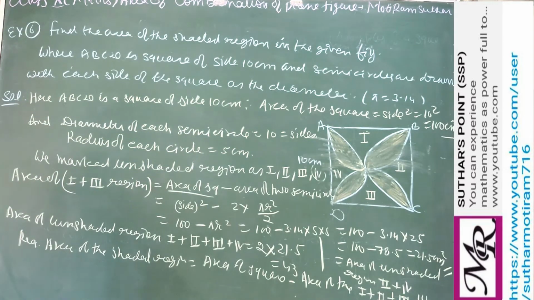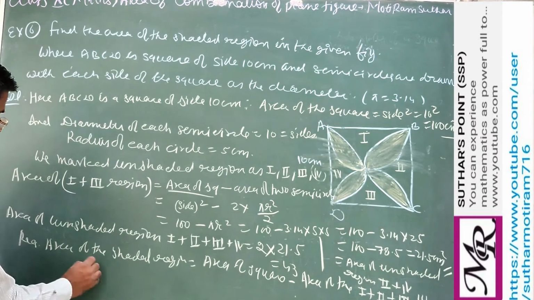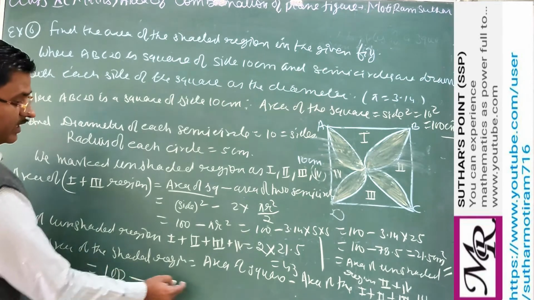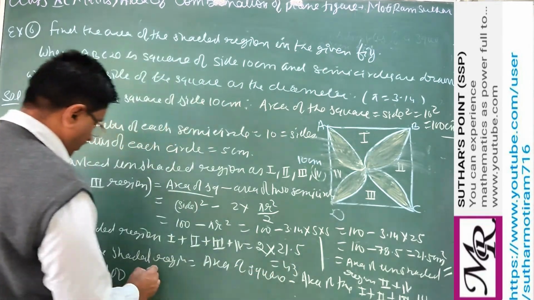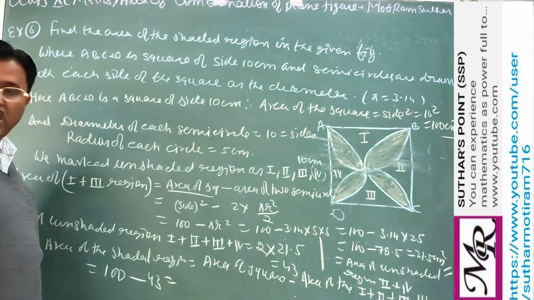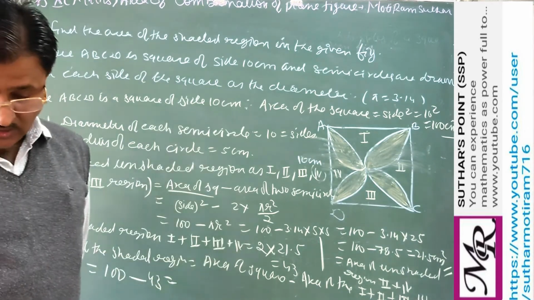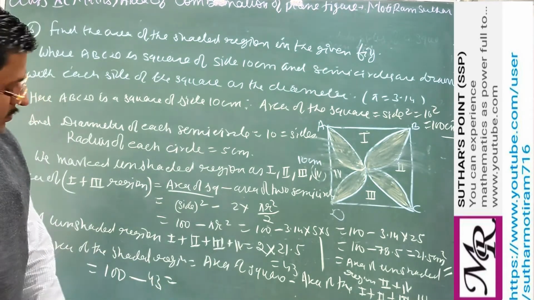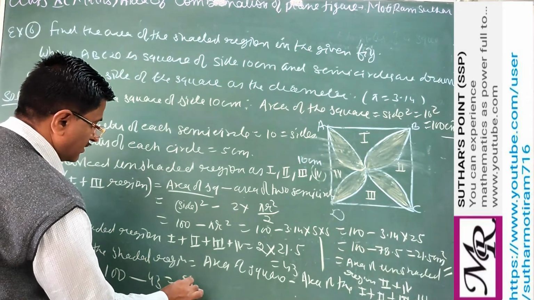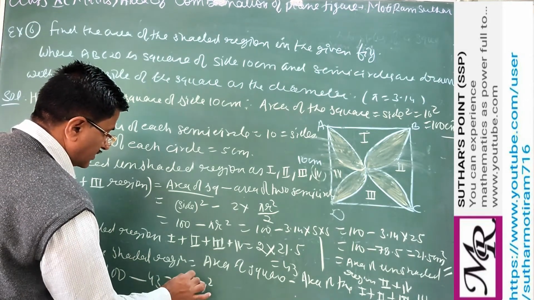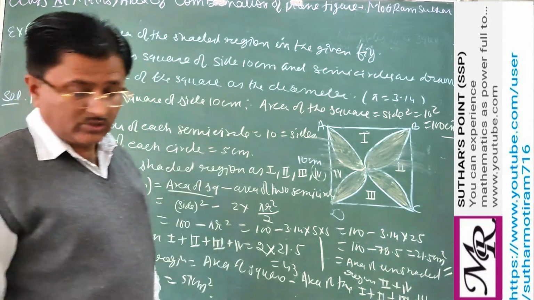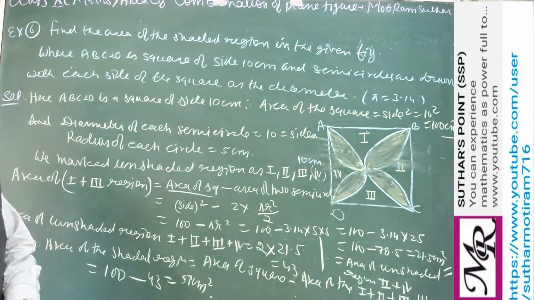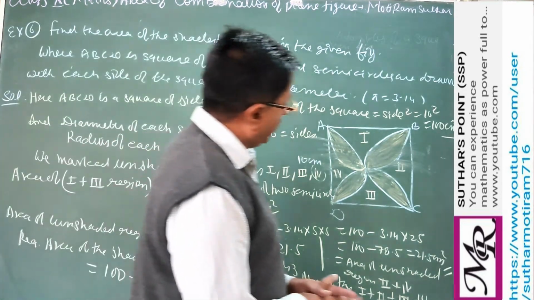Clear? Each part we have to add and subtract. So area of the square is 100 minus area of all 4 regions is 43. So 100 minus 43, if we subtract, that will give you 57 centimeter square.